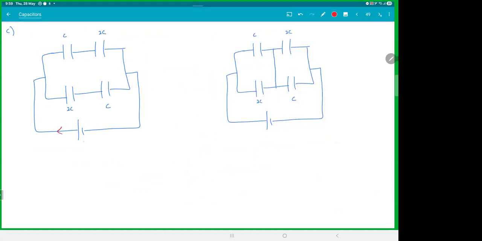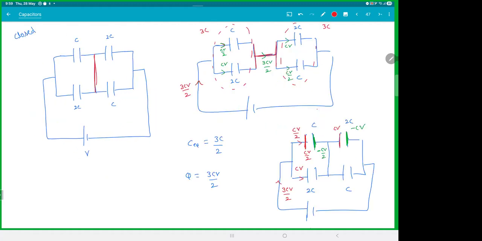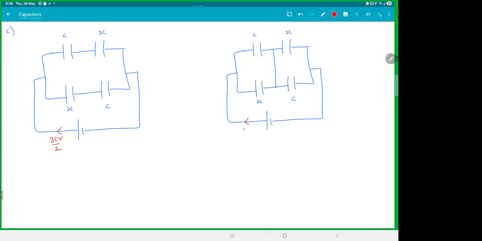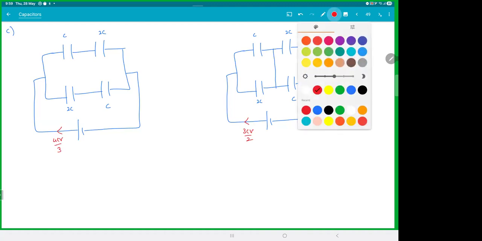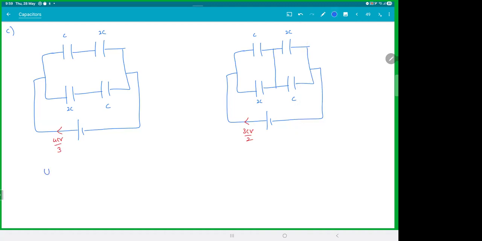So initially, how much charge was going? 3 CV by 2. Now how much charge was going? 4 CV by 3, reverse. 3 CV by 2 and 4 CV by 3. Okay. So what is the initial energy?